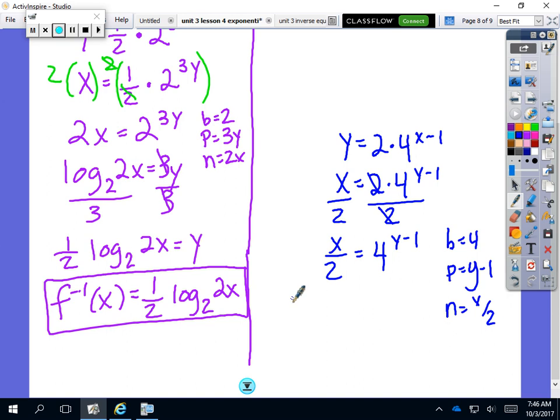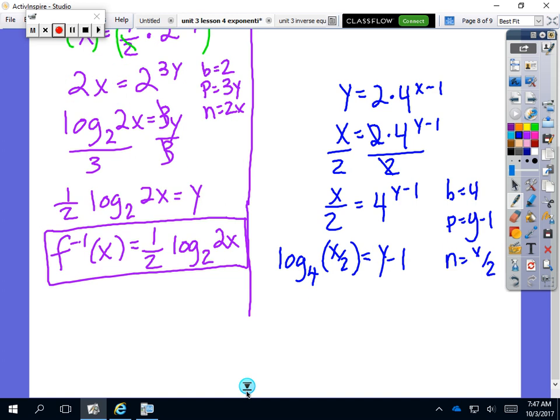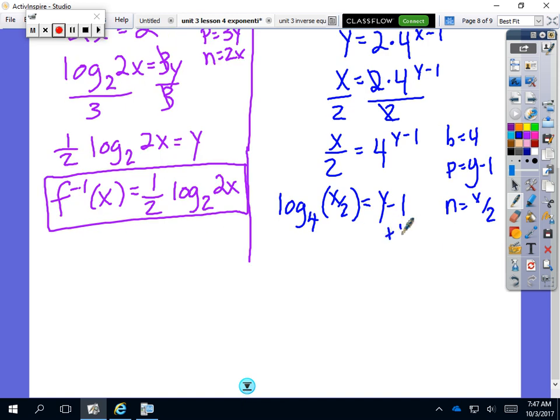So to write it in log form, I write log base b, which is 4, of n, x over 2, equals p. Now, this is y minus 1. So we don't divide by 1 here. The inverse operation of subtract is add. So instead of dividing here, we're going to add 1 to both sides. So you just have to do the opposite operation.